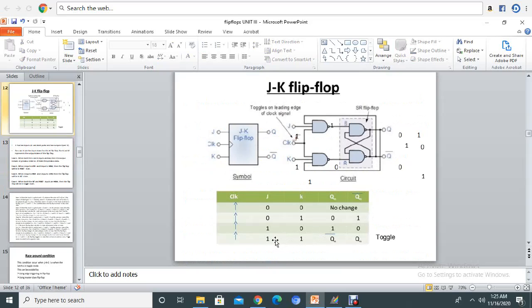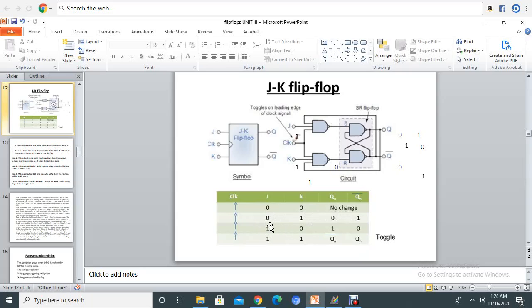So if J is equal to 1 and K is equal to 1, the output will be the complement of Q. This state is called toggle state. When you apply J is equal to 0, K is equal to 0, there is no change.